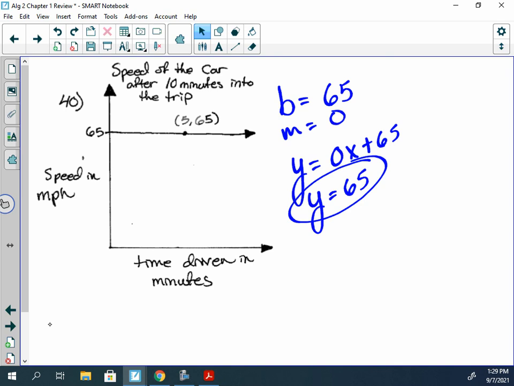Yep, it's a constant function because it does not increase or decrease. And if we really want to describe the slope, it's staying at a constant speed of 65 miles an hour. Any other questions on this here? So I would have those written down somewhere on your page.